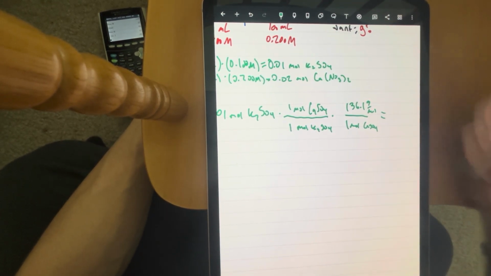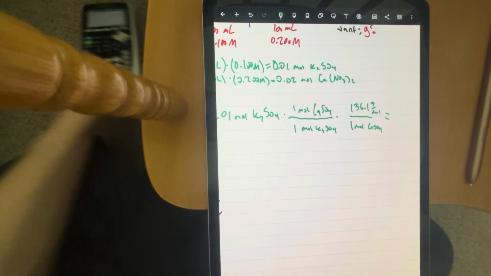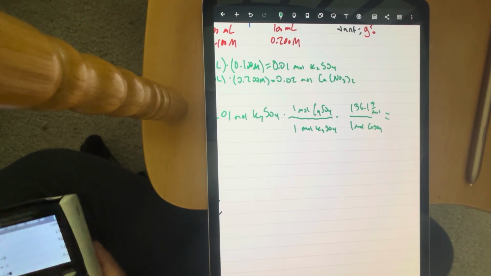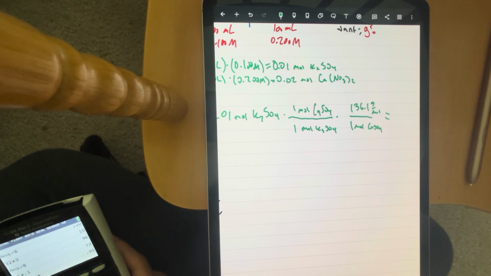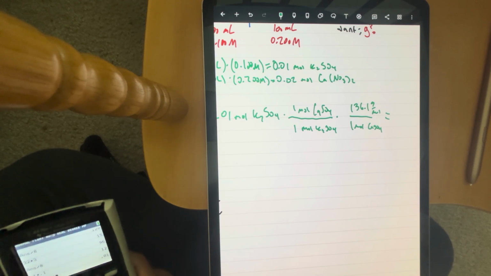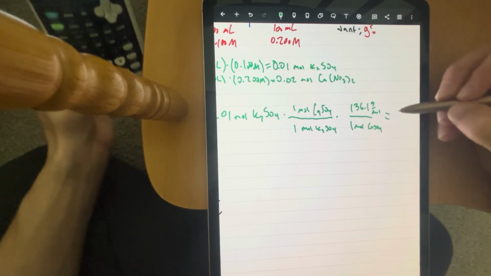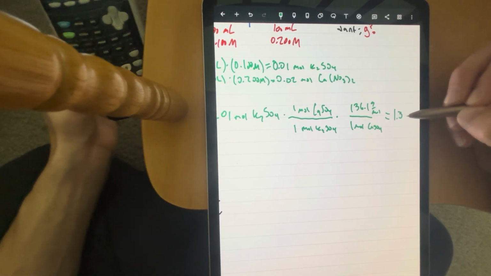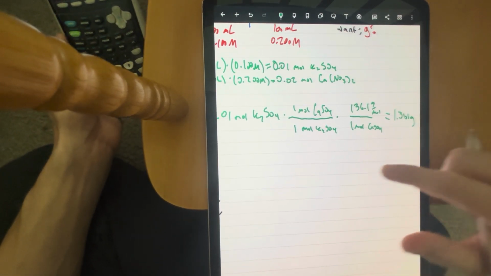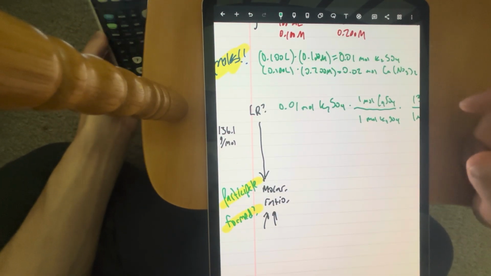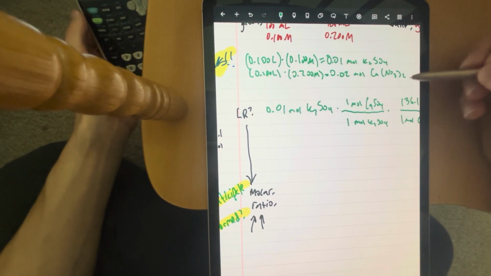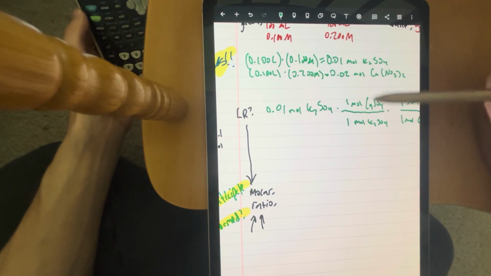And this number is going to be equal to 136.1. This is going to be equal to 1.361 grams. Same thing can be done with Ca(NO3)2. What you do is you just replace this here.